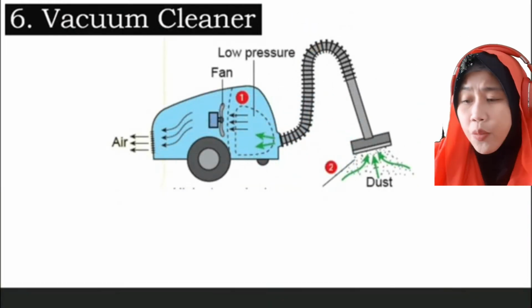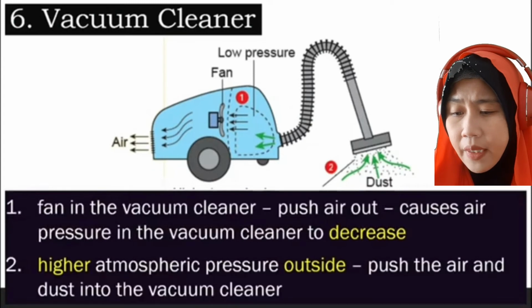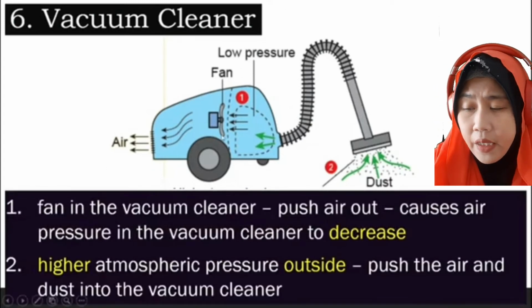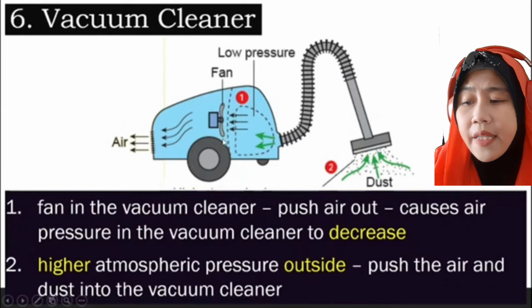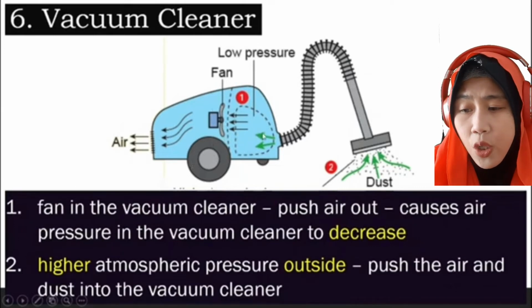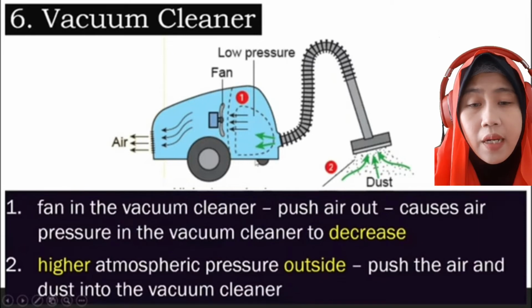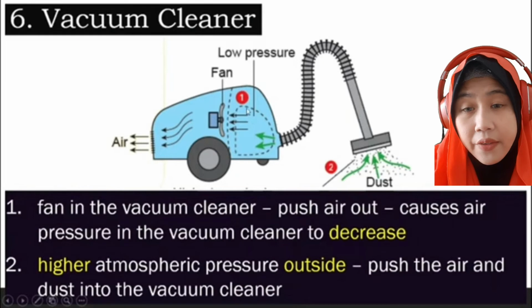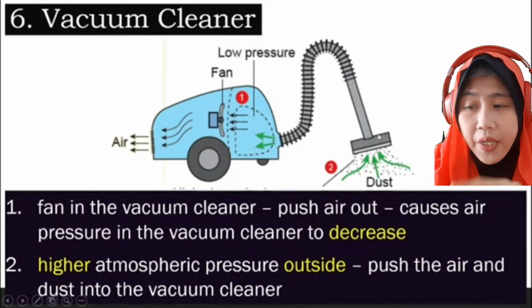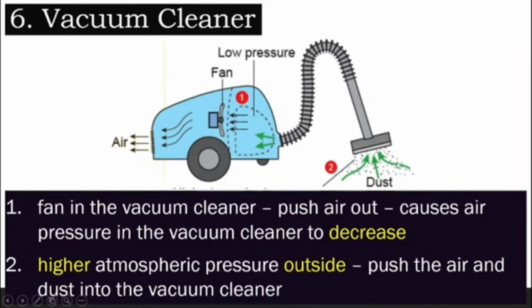Let's look at the vacuum cleaner. What happens in every vacuum cleaner? There will be a fan inside the vacuum cleaner. This fan will push air out, will suck out all the air inside at level 1. So this creates low pressure. In other words, air is sucked out and creates low pressure at level 1, as it creates more space. So that part will be lower pressure, and what happened?